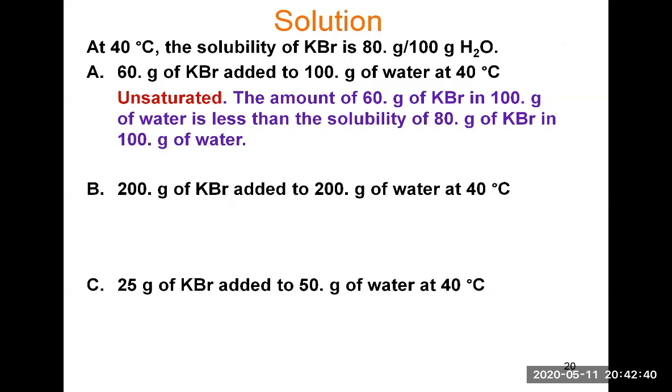So here we have 200 grams of water. So you want to take this into account and multiply the solubility by 2, because if you can put 80 grams of KBr in 100 grams of water, that means you can put 2 times 80, which is 160 grams of KBr in 200 grams of water.